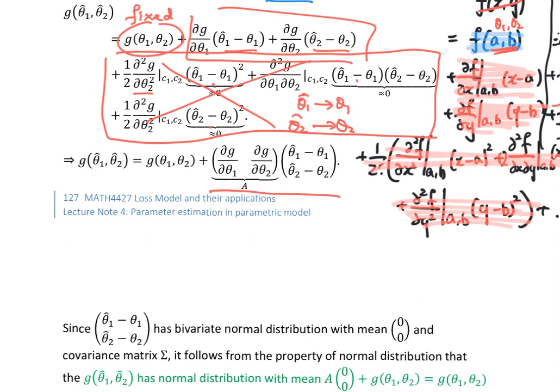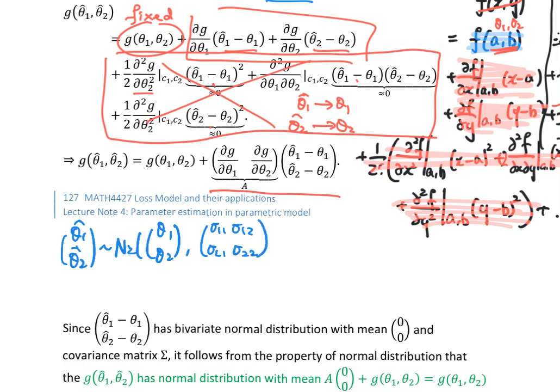Now remember, when n tends to infinity, theta 1 hat and theta 2 hat will follow the multivariate normal distribution with the mean equal to the true value, and the covariance matrix equal to this number.